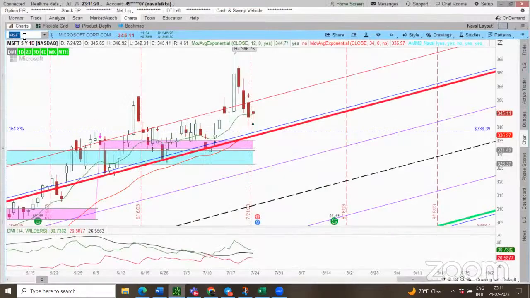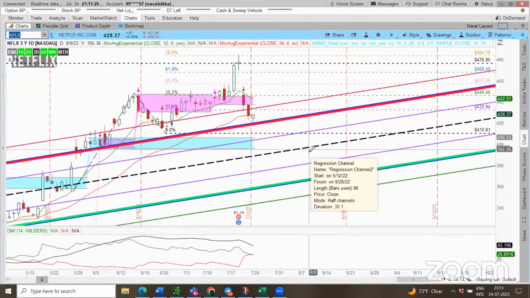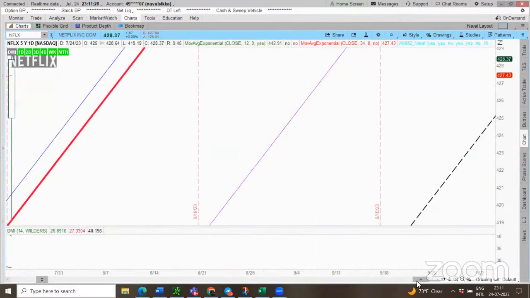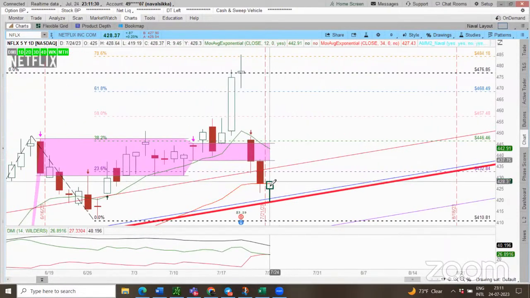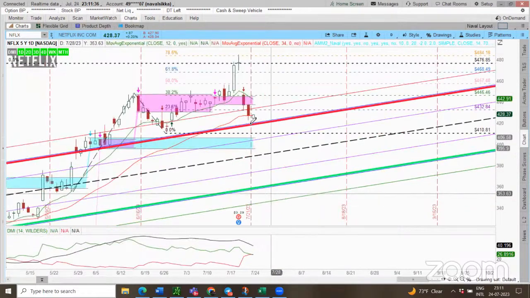Netflix. If you want to trade Netflix, Netflix is making a hammer at the bottom, which is usually a positive sign. It came right here to the regression channel and then bounced. Now, the question is, can we have a follow through tomorrow?